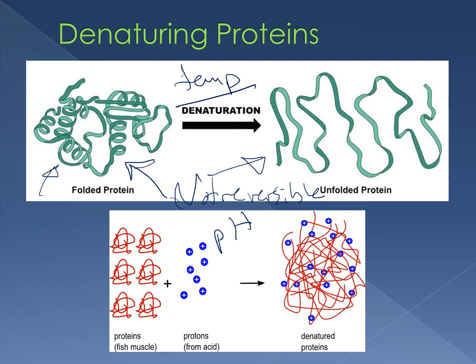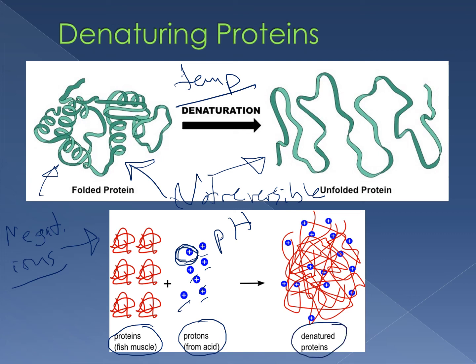If we have too many protons, which occur when we have acids, like in the stomach, and protons are positively charged, the problem is that some proteins have negative ions as amino acids. These positives can react with them and cause the whole structure to change shape, thus denaturing the enzyme.